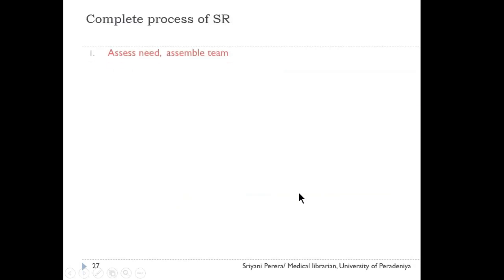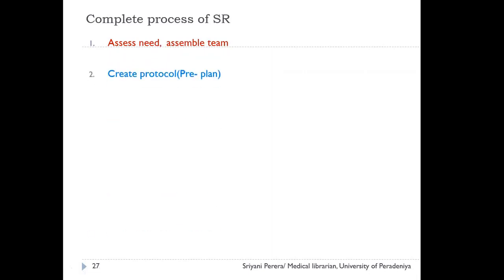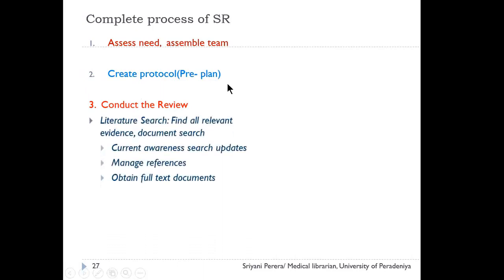Right. So now we come to the complete process of SR. As I said, the first one, assess need, assemble team, then create protocol, then conducting the review. Now, when you conduct the review, there are steps. First one is the literature search, because now you want to find the subjects for the research study.